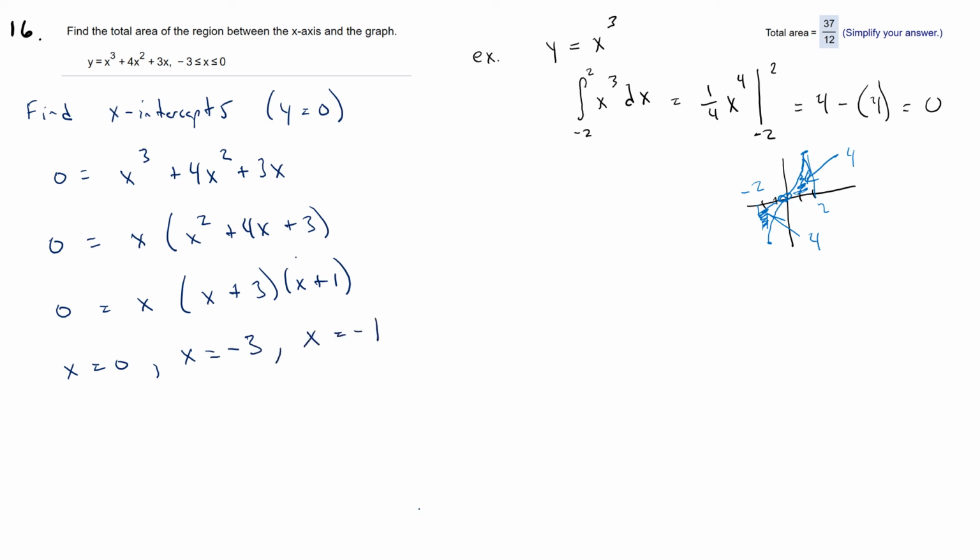To successfully do number 16, you don't need to graph anything, but I'm going to do a little graph to help understand what's going on. It's a cubic function, and we just found that we have x-intercepts at 0, -3, and -1.